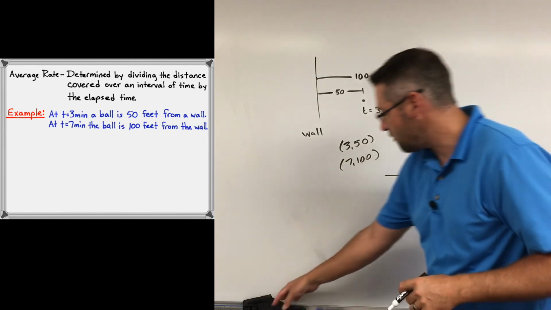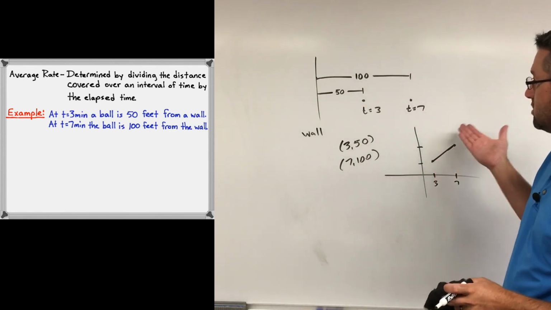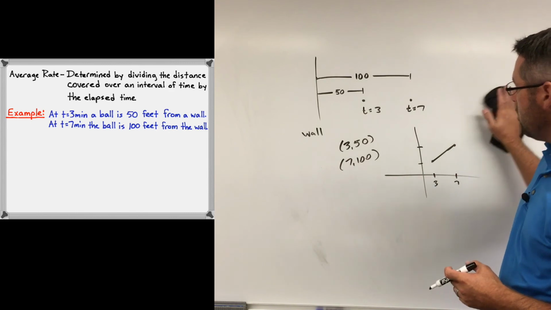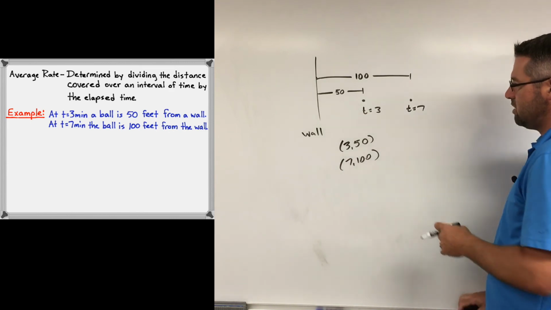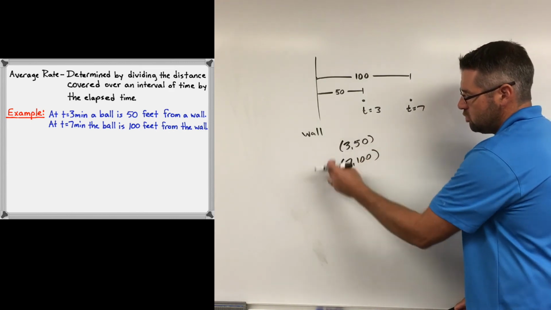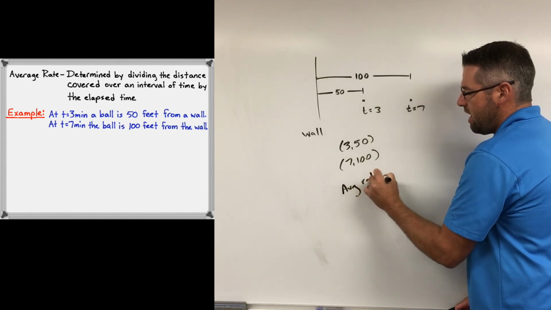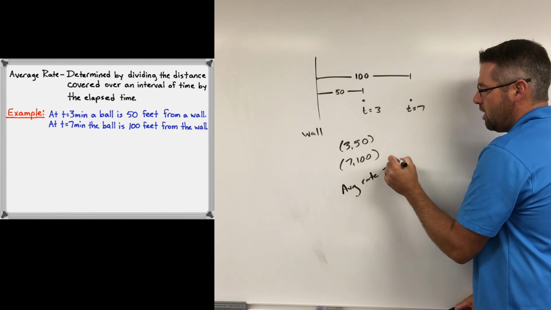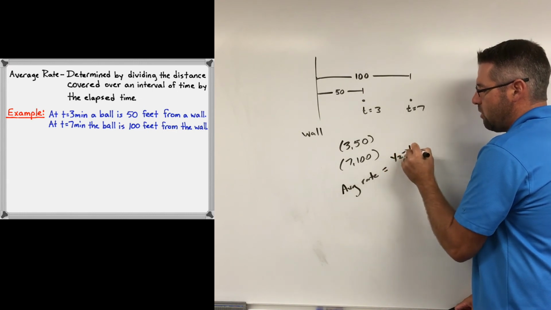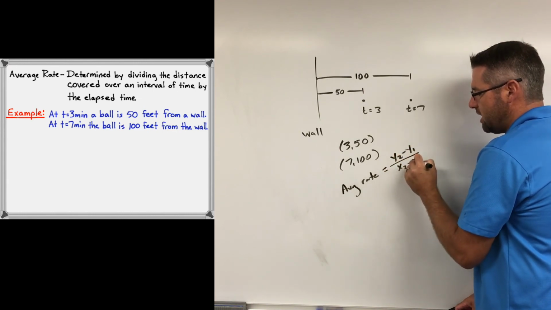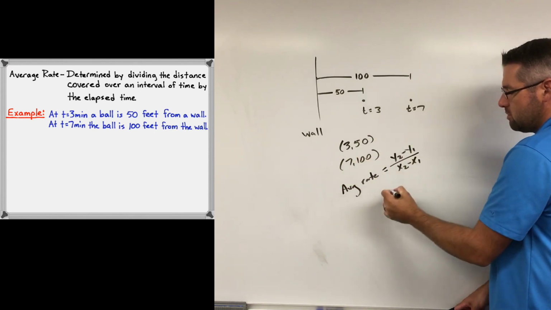But what is the average rate? Well, the average rate is actually just the slope of the function over 2 points. So the average rate is equal to y2 minus y1 over x2 minus x1. It's our slope. That's all it is.